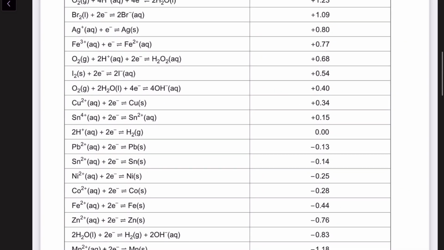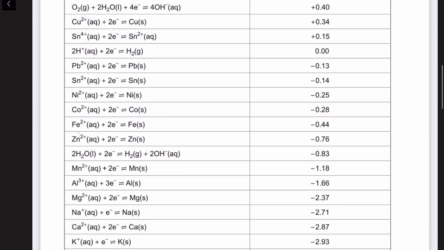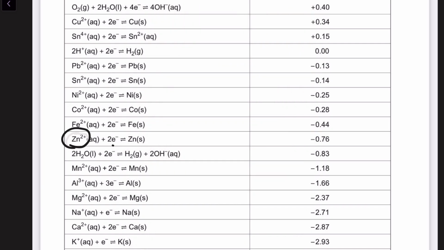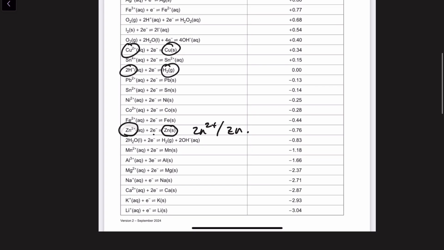And everything here is a conjugate redox pair. For example, the zinc ion and the zinc metal. These two things are a conjugate redox pair. The copper ion and copper metal are a conjugate redox pair. The hydrogen ion and hydrogen gas are also a conjugate redox pair. So this is what I mean by conjugate redox pair.